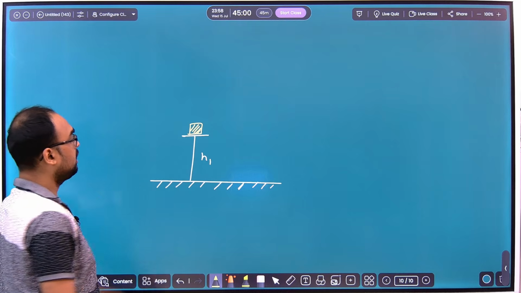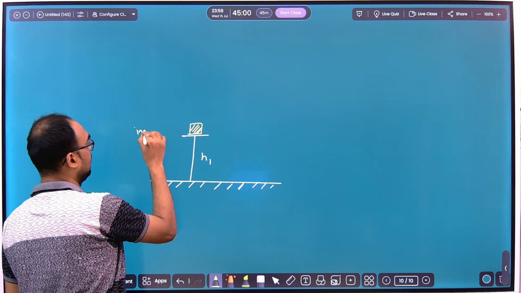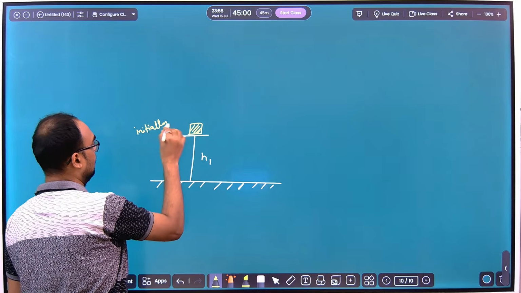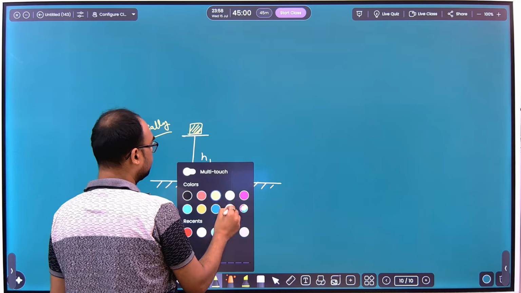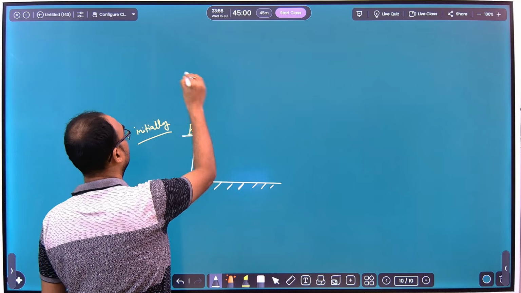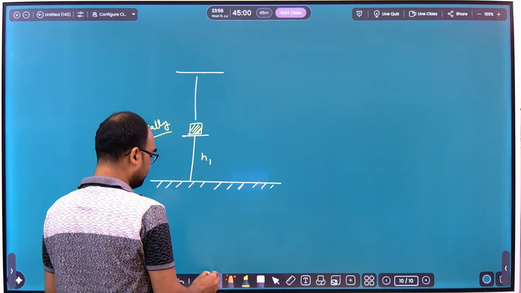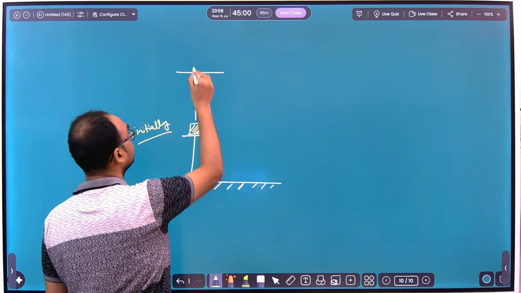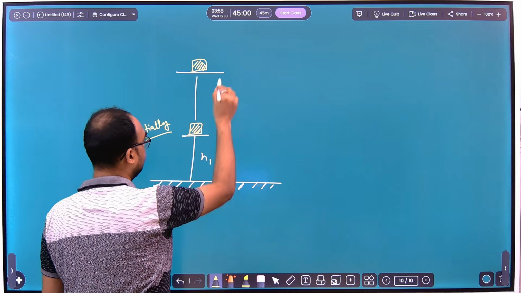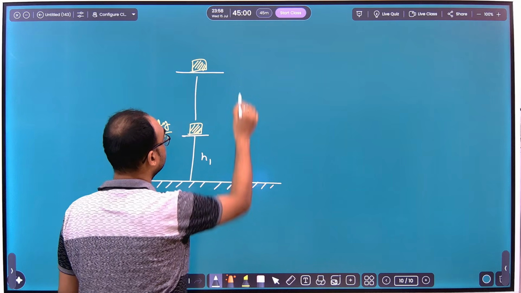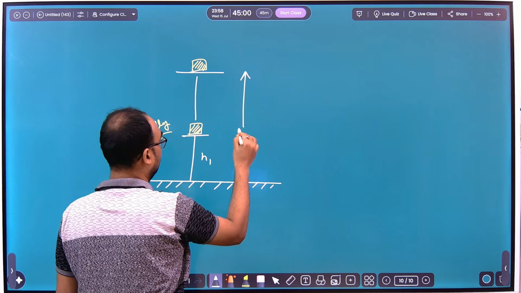Initially, the body was over here at a height h1. I take this body from this height to another height, the total height now being h2.